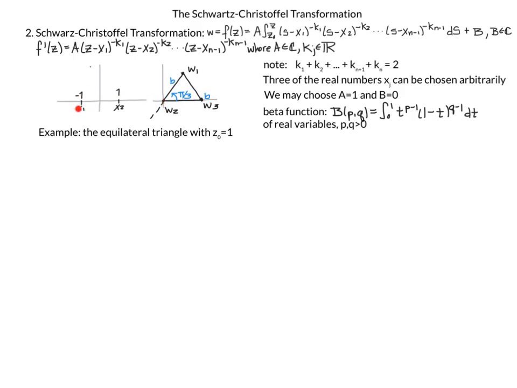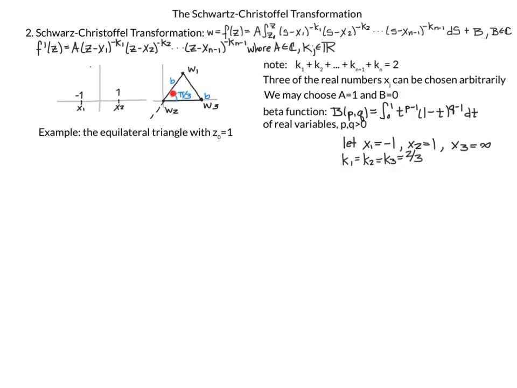This x1, which is -1, gets mapped to W1, and then our x3, or x infinity, gets mapped to W3. I'm going to note that here: x1 is -1, x2 is 1, x3 is infinity, and you also notice that every time we go through, we're going to make a turn of 2/3 pi. So k1, k2, k3 is equal to 2/3.